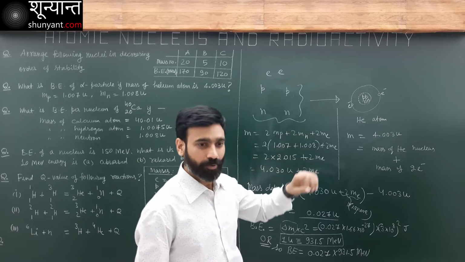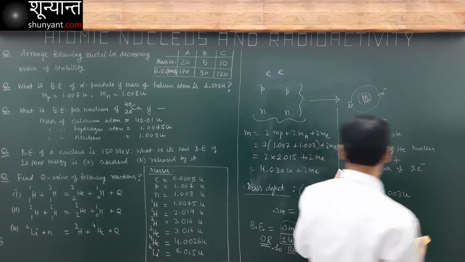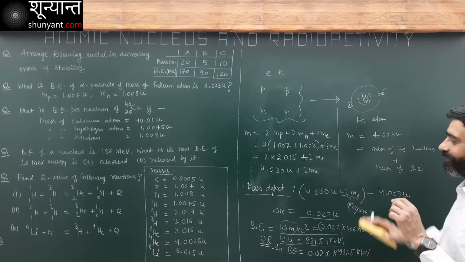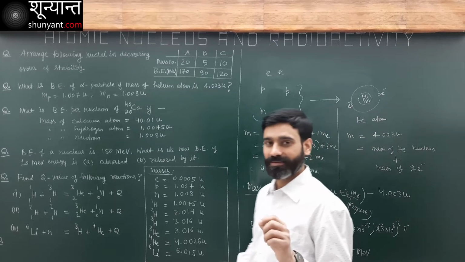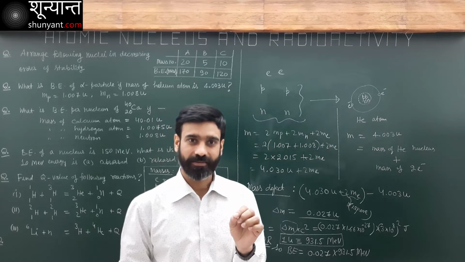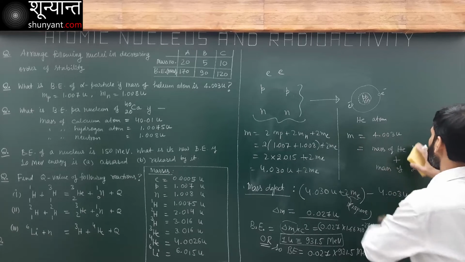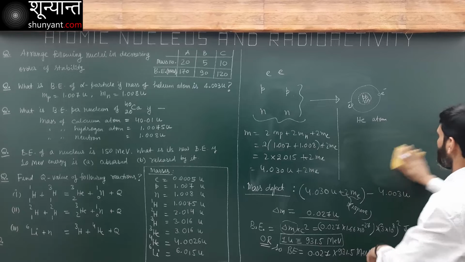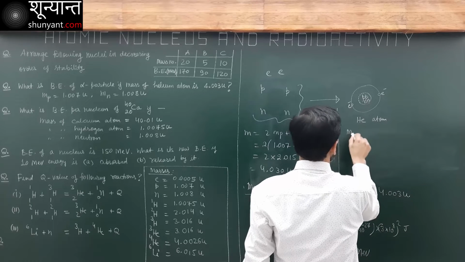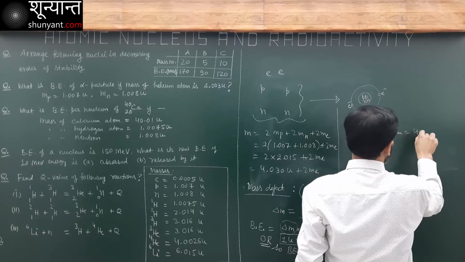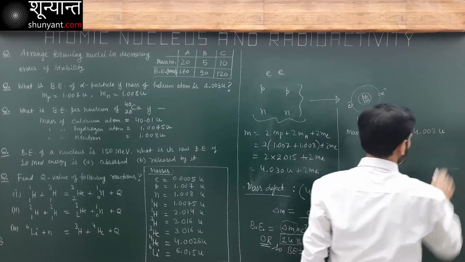I can solve the same problem in a different manner also. Let's see the other manner. I hope that you follow it clearly, without any confusion. When we say mass defect, that means the difference in mass of the nucleus from its constituents. Do you understand this? Now, mass of helium atom is 4.003 U. It is given.